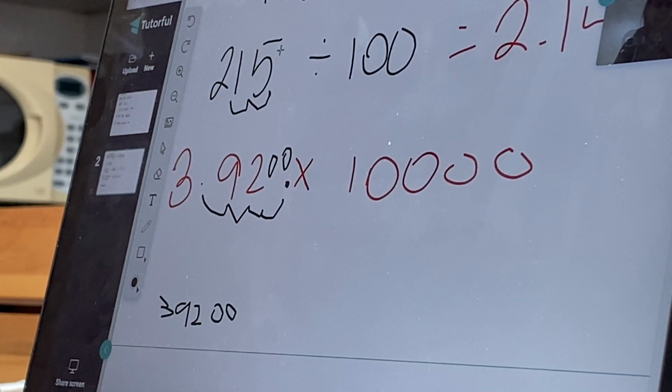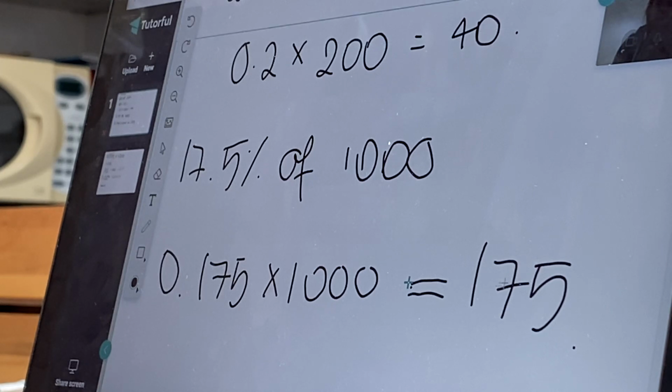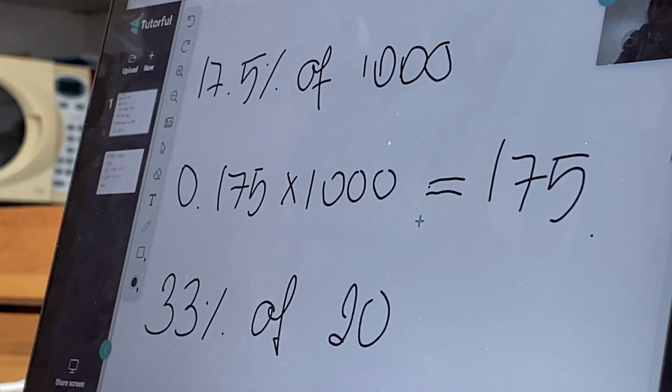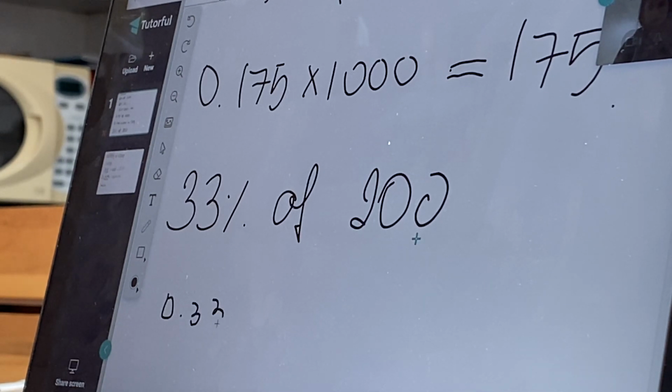Okay, good. Just a little recap. This one here gives us 175 as our answer. Okay, let's do 33% of 200. So we're going to do 0.33 multiplied by 200.